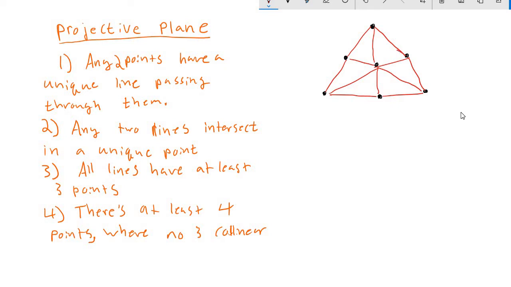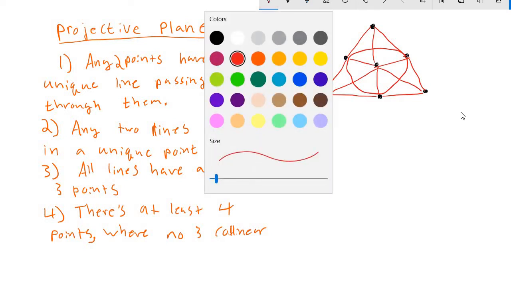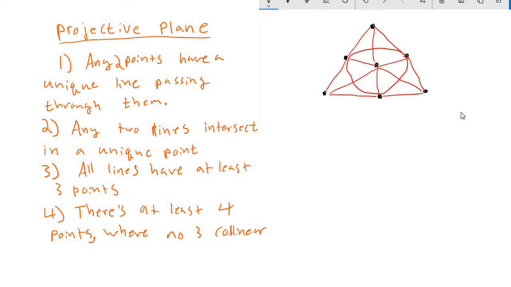So in this case, I'm going to draw a circle here, a very rough circle, but this circle is going to represent a line. So I'm going to say the points that lie on this circle lie on a line. So now let's check to see if this satisfies our axioms for a projective plane.